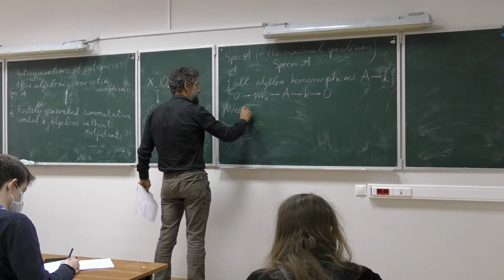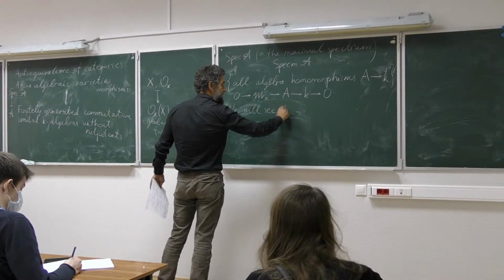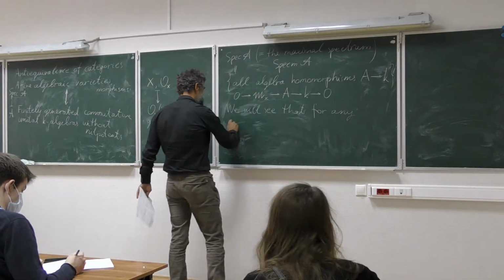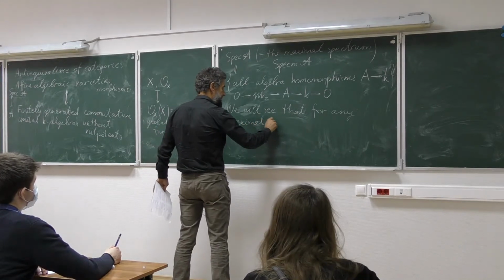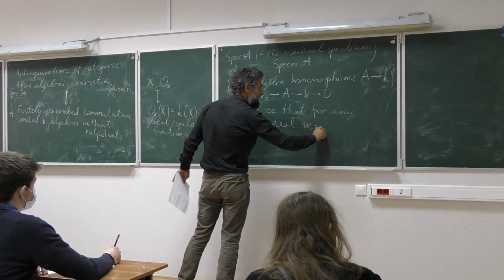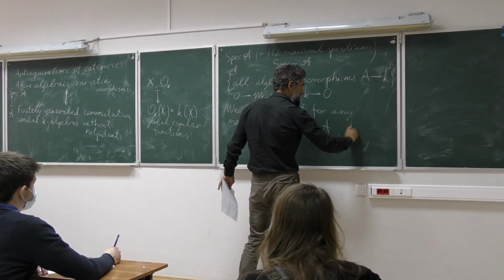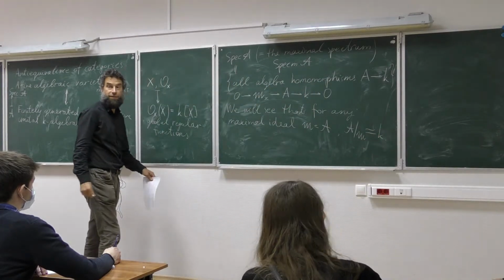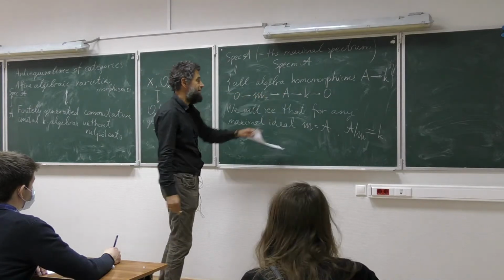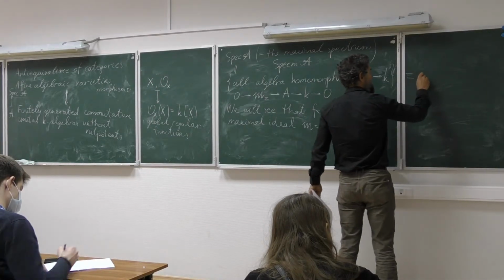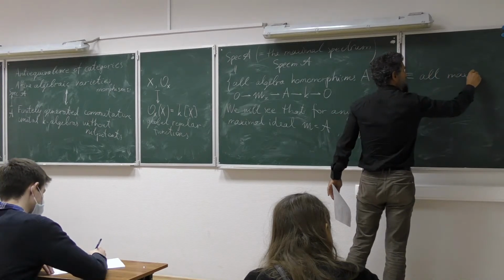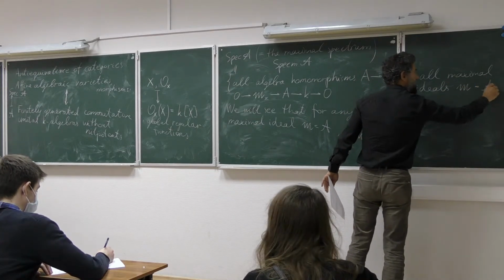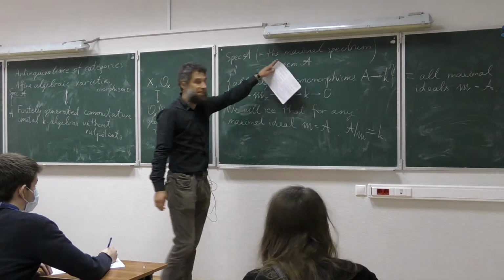So we will see that for any maximal ideal M in A, automatically the quotient is isomorphic to the base field. Okay, so this is the set of all maximal ideals. For this reason, it's called the maximal spectrum.